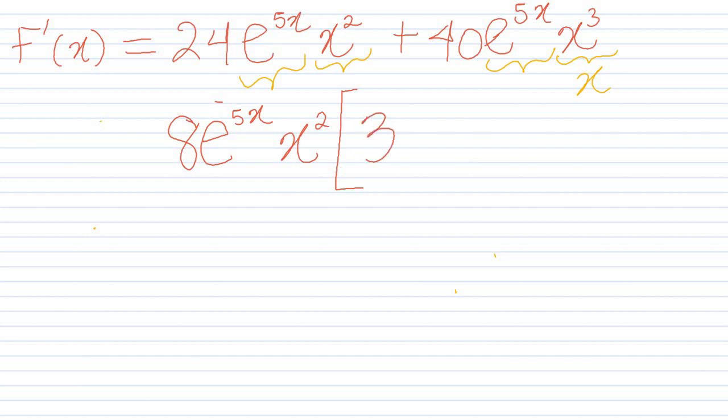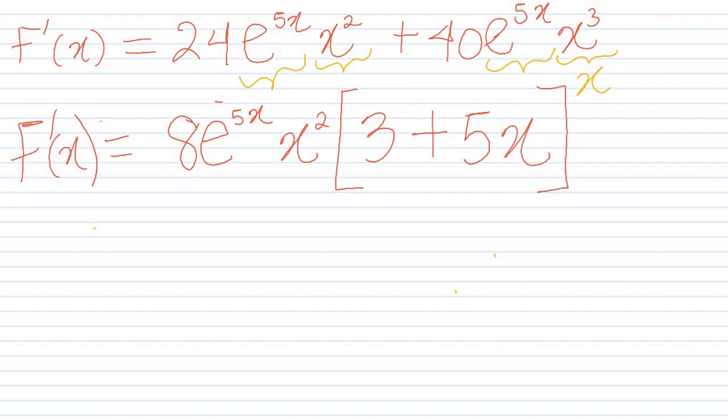Plus, if we can bring out 8 from 40, we have 5 left because 8 times 5 is 40, just like 8 times 3 is 24. And we brought out e to the 5x, so nothing is going to be here. We brought out x squared, so we just have x. So basically, this is your answer. F prime of x can also equal this. This is the factored answer. And this one here is the unfactored answer.